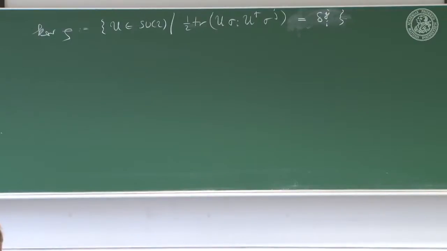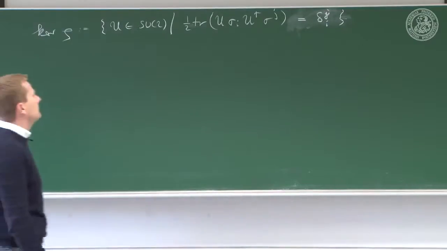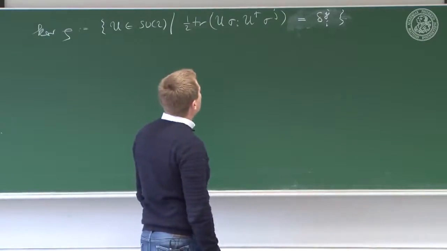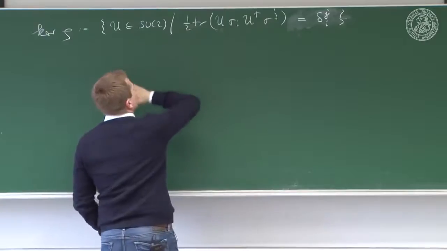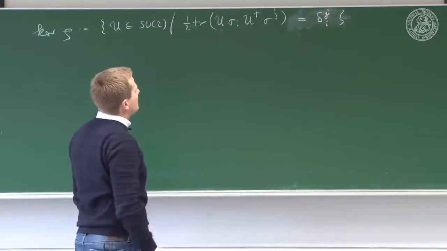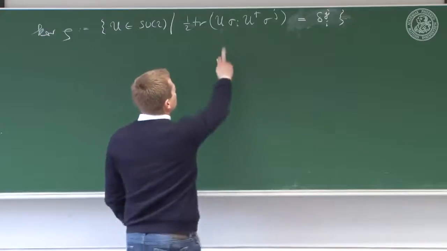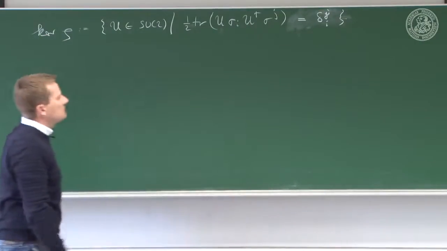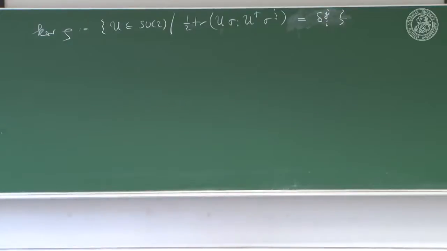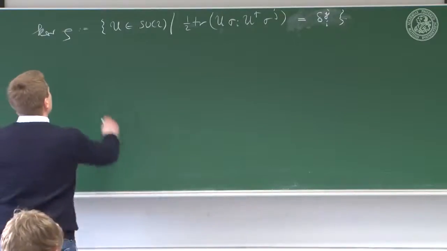So again, it's a matter of playing around a little bit with it, but it's pretty clear that if u in SU2 here is a solution to this, then also minus u is, because the u appears there quadratically.